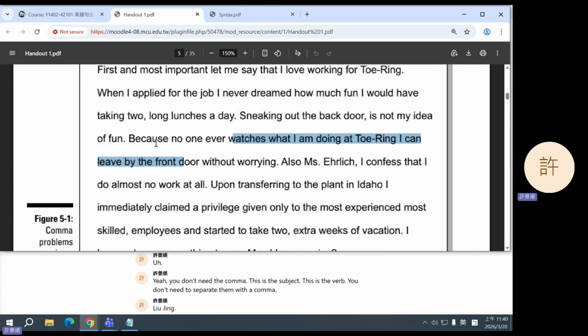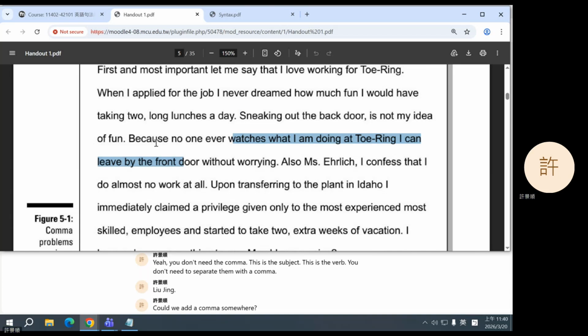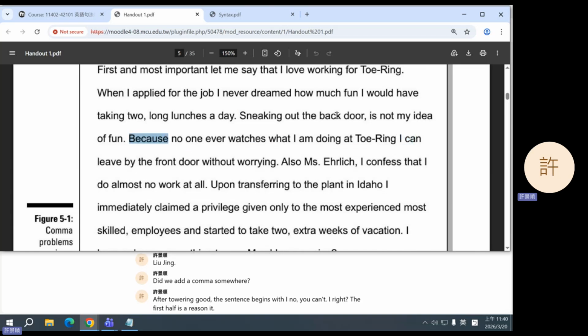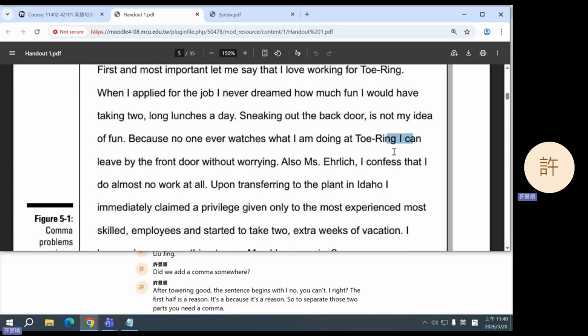Should we add a comma somewhere? After toe ring. Good. The sentence begins with I. You can't see that. I. Right? The first half is a reason. It's a because. It's a reason. So to separate those two parts, you need a comma before the I. Good.